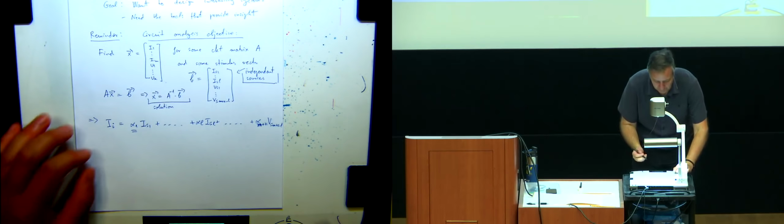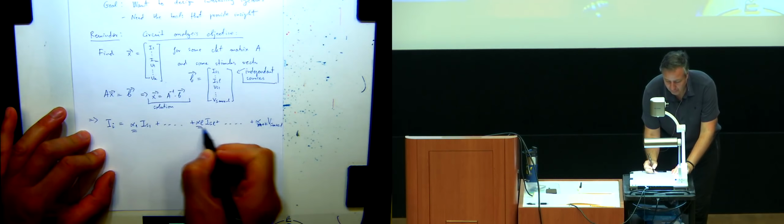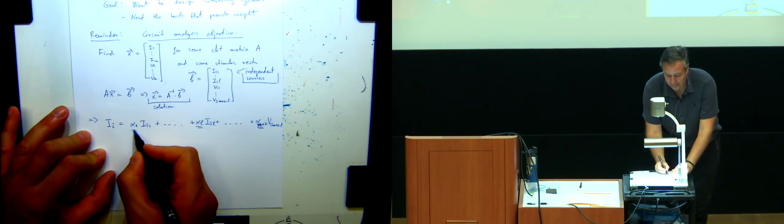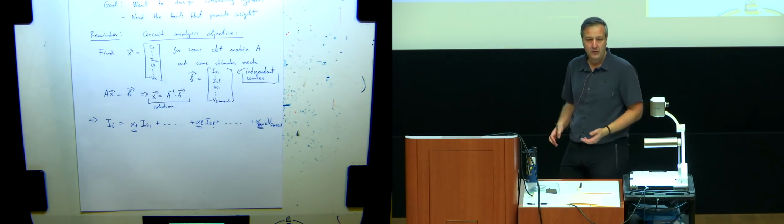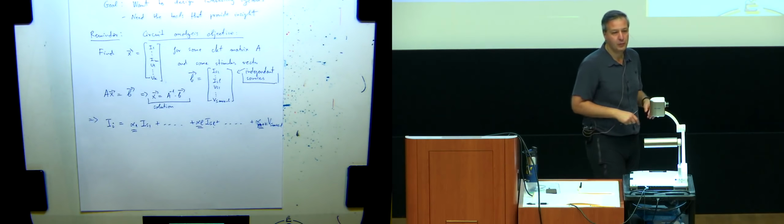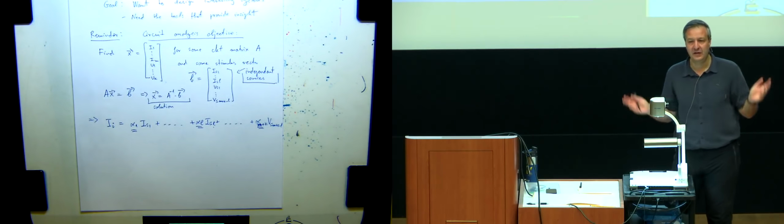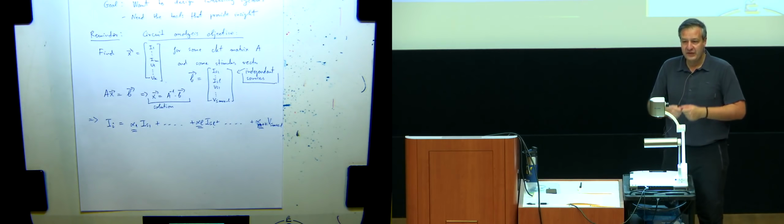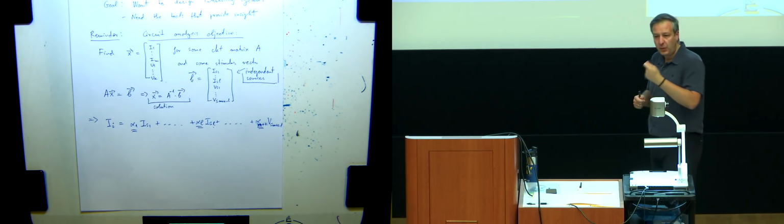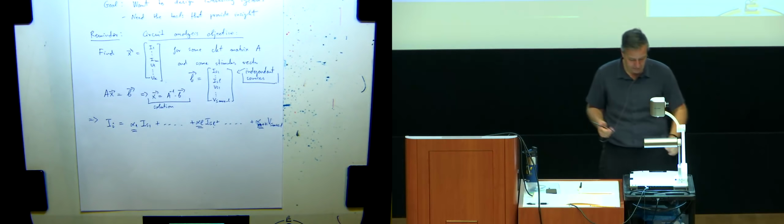And as you see, these coefficients are completely independent of all the other sources. They're just some values, determined by other circuit components, let's say resistances. So they represent individual responses to each one of the sources.